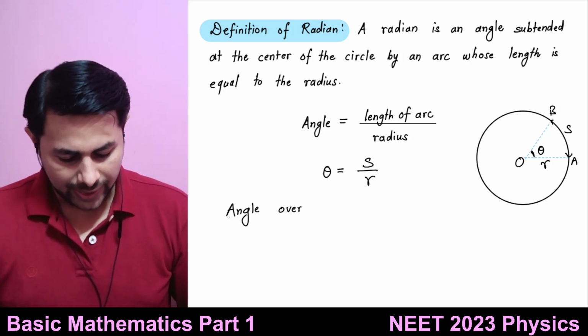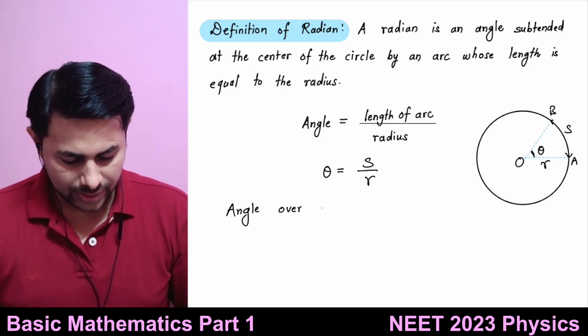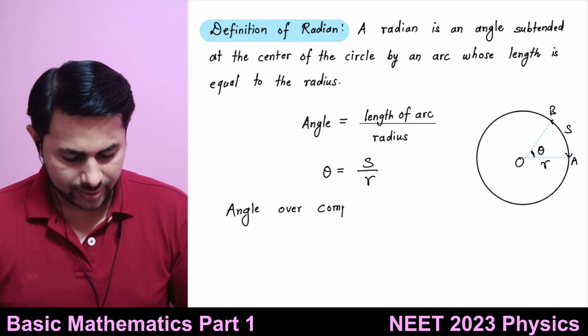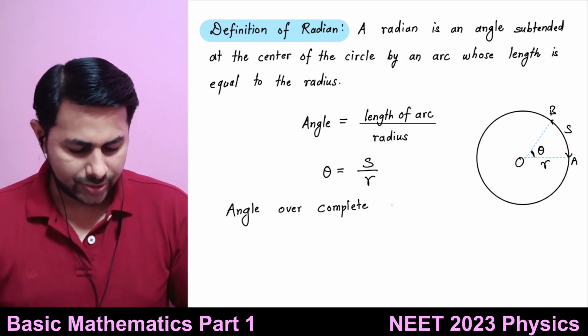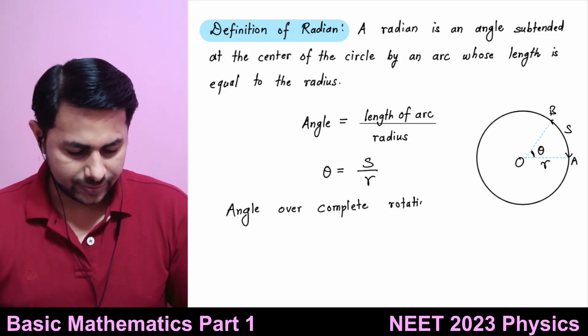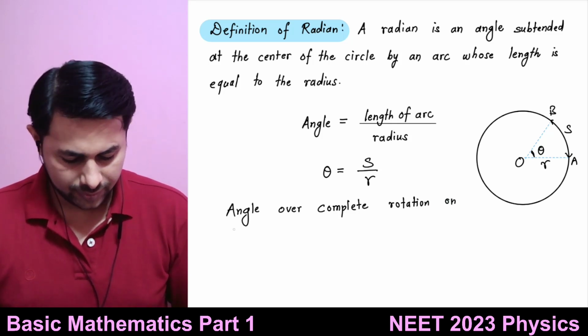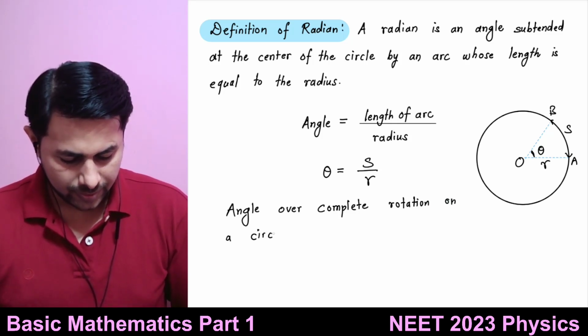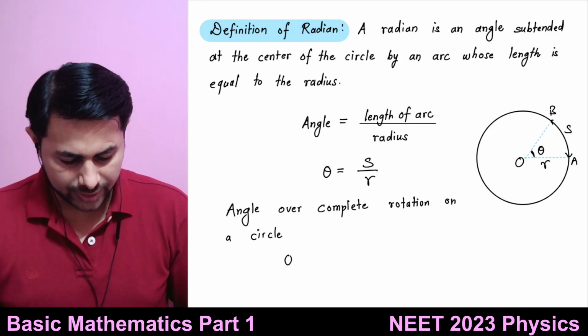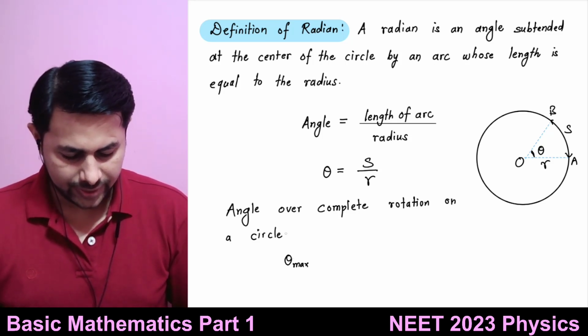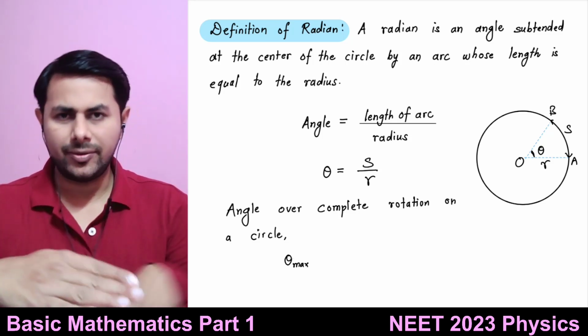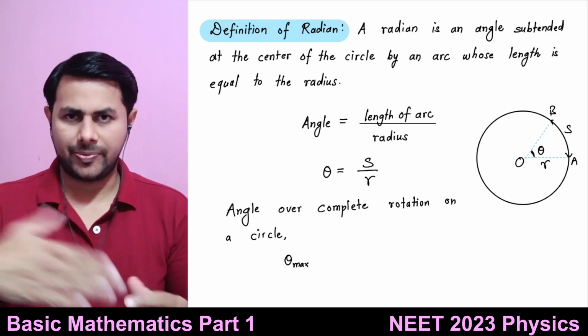So the angle over a complete circle, or complete rotation on a circle, let's call it theta max. That's the maximum possible angle that we can define.